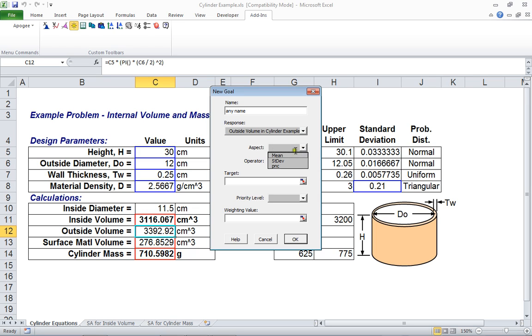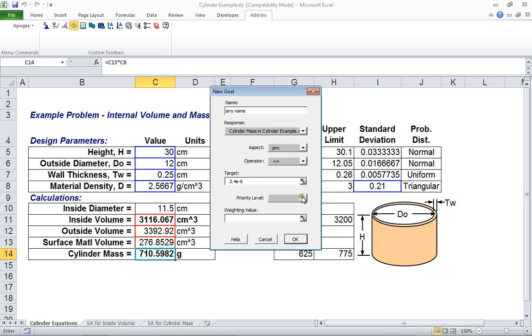And for the outside volume, we were evaluating well, actually we did not. We didn't have a goal here on this. Let me go back and change this to what we did have. Let's use the cylinder mass. Okay. And in this case for the mass, the PNC was a goal that we wanted to be less than or equal to 3.4 e to the minus 6 in this case.